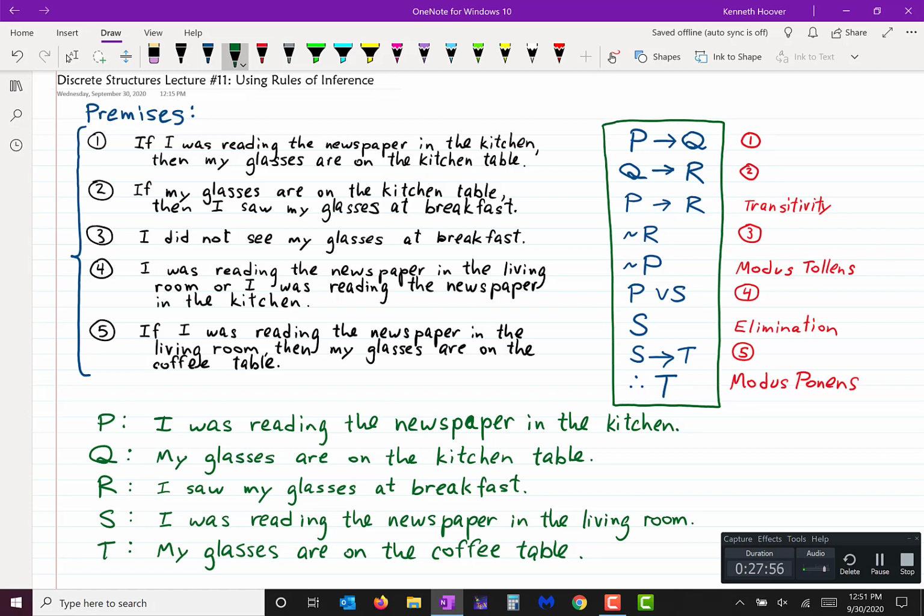Given those 5 premises, we make the conclusion that your glasses are on the coffee table. And that's how you diagram the logical argument. In blue are our statements, and in red is our reasoning.